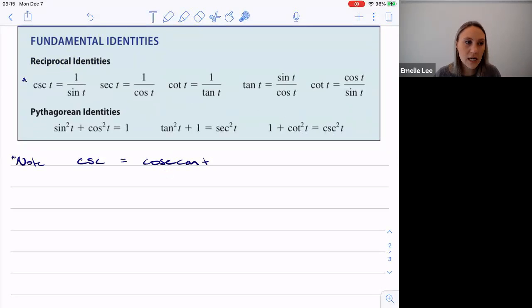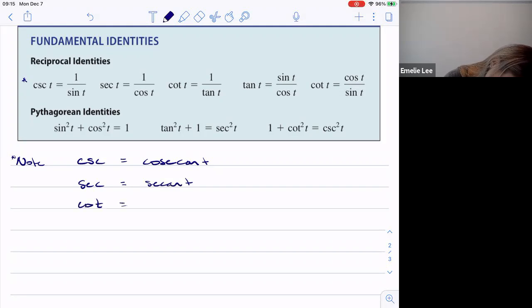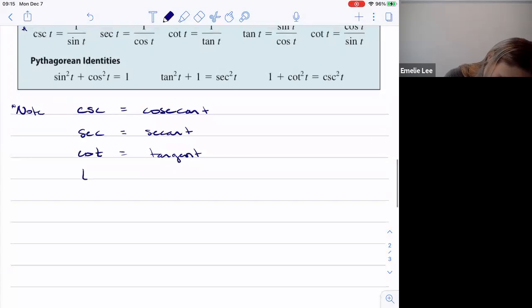CSC is cosecant, SEC is the secant, and COT is the cotangent. And of course, the tan is just, oops, I forgot the co on the cotangent. I jumped ahead in my mind, is just the tangent.